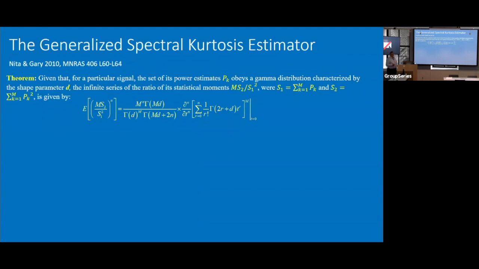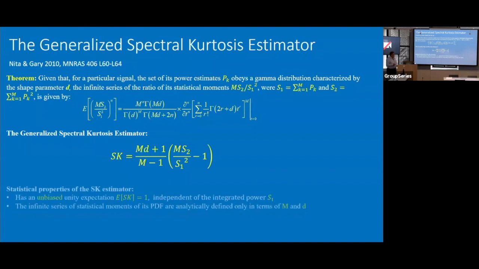And if you know the full series of these moments, you can define an estimator that has an expectation of 1, and you see we have the shape factor here, which is 1 if it's an exponential distribution, and something else if it's a different distribution.